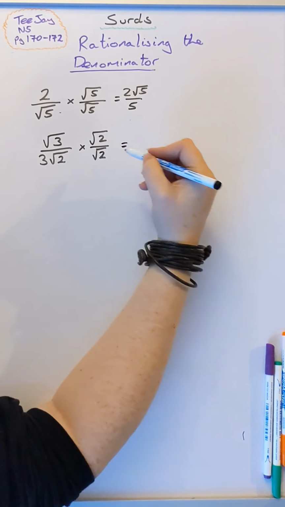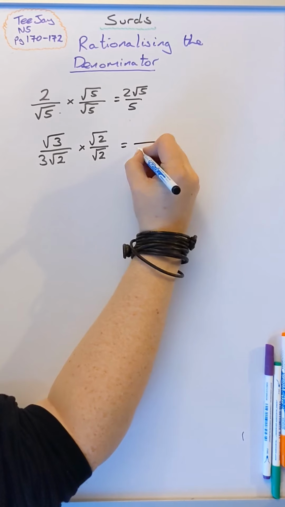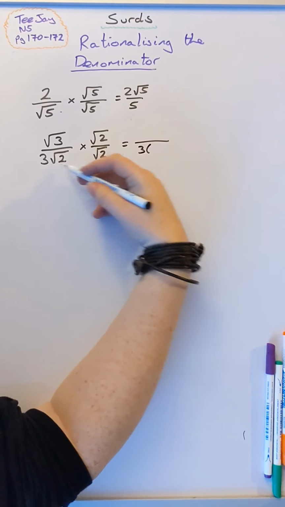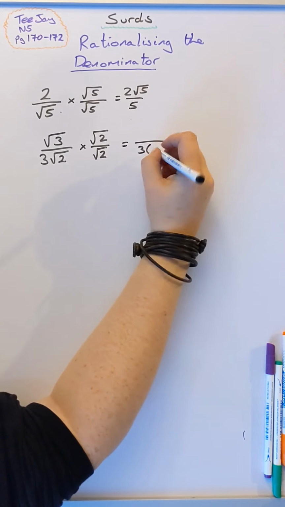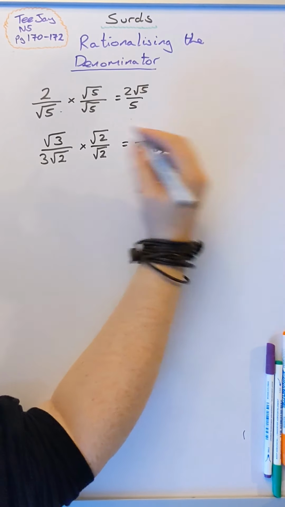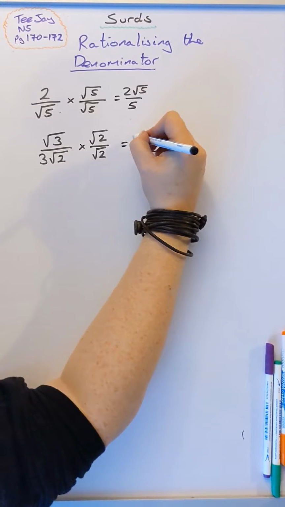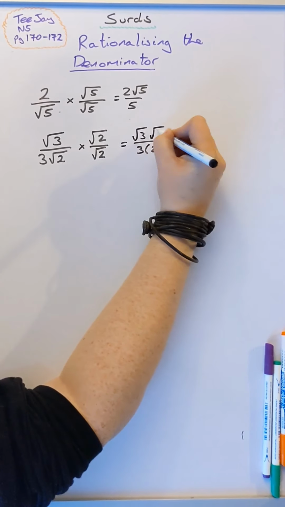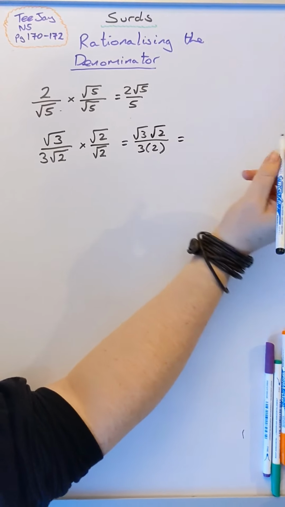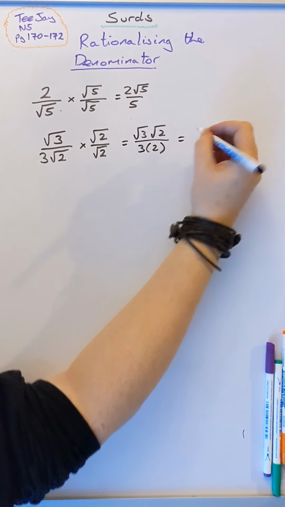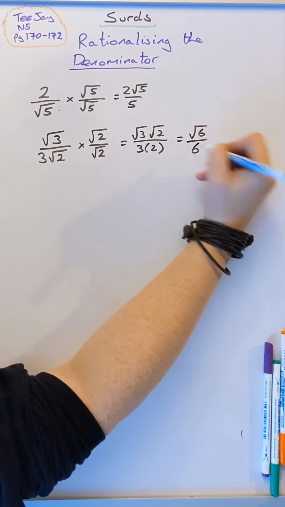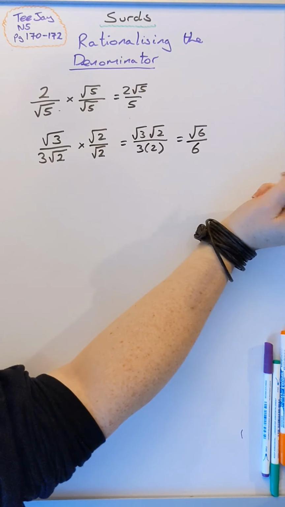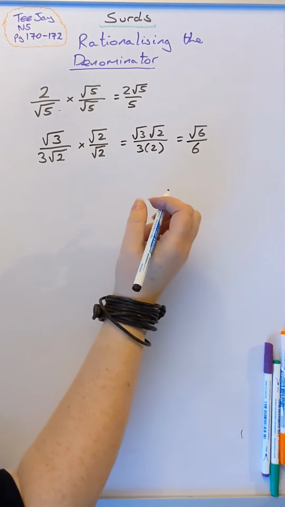And what we get on the bottom there is 3 times root 2 times root 2, which is 2. And on the top, we have root 3 times root 2. And if we tidy it up, we end up with root 6 on the top and 6 on the bottom. That was coincidence.